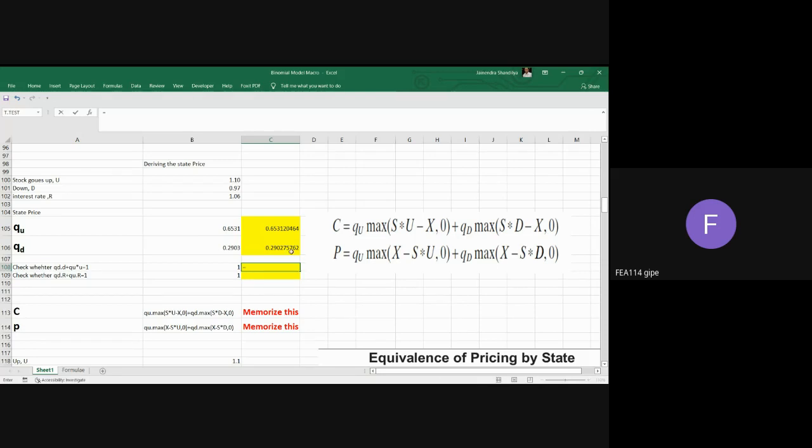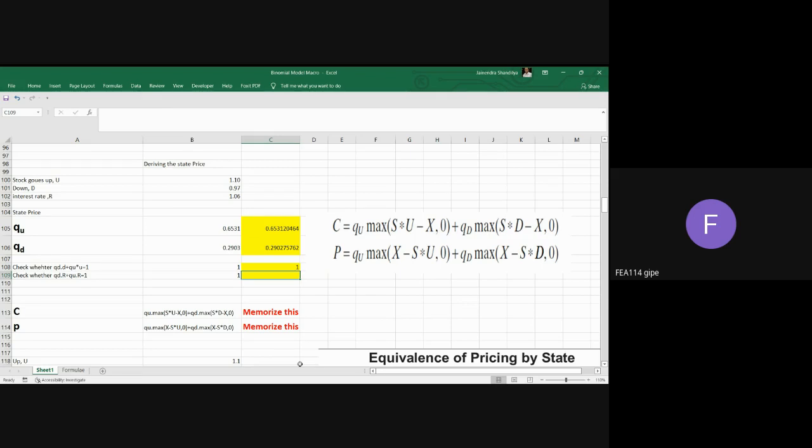So this is QD, and then I have to multiply this with actual D, plus QU, and then I have to multiply this with actual U, and let's see what it is. So it came as 1. And also the second factor, which is QD into R plus QU into R, equals 1.